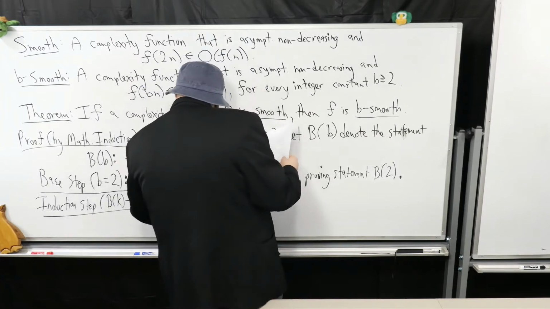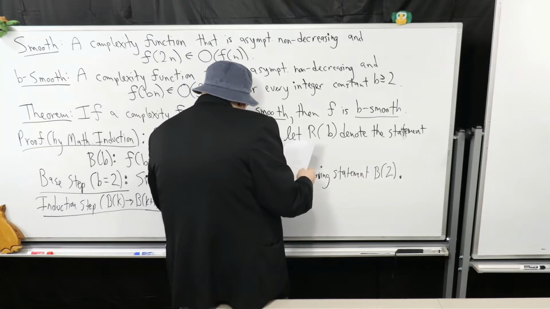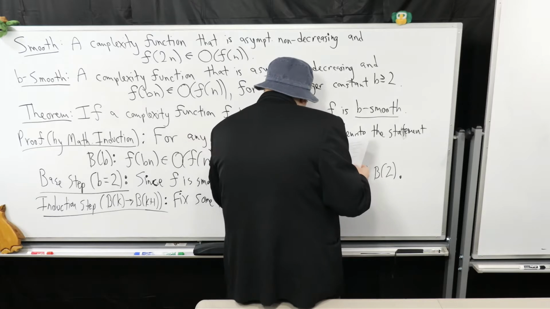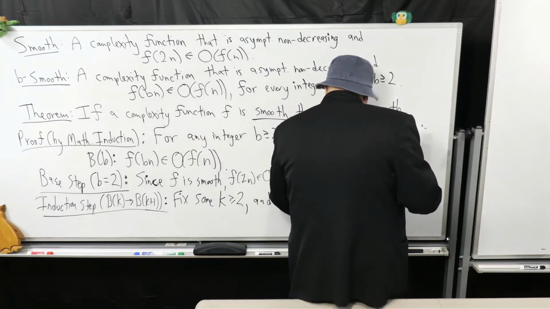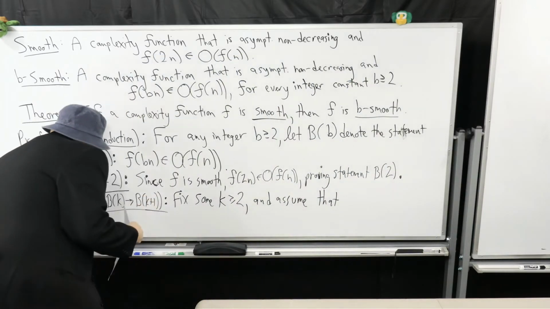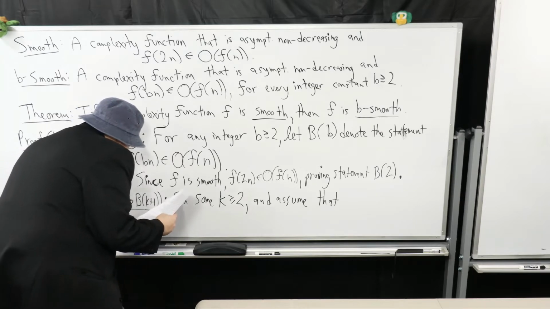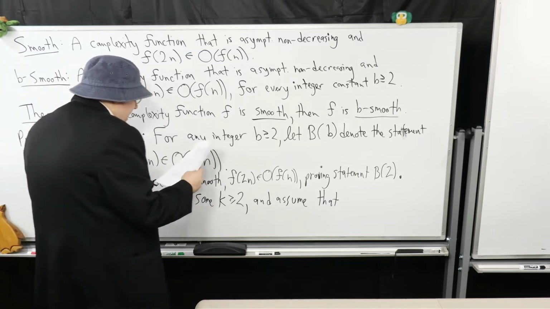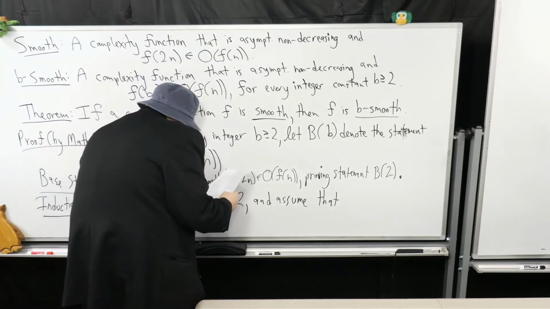So fix some k greater or equal to 2, and assume that B of k holds. Now this is a very unfortunate use of variables, but we're going with it anyway.